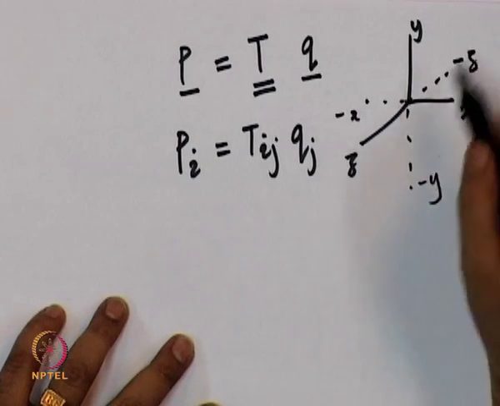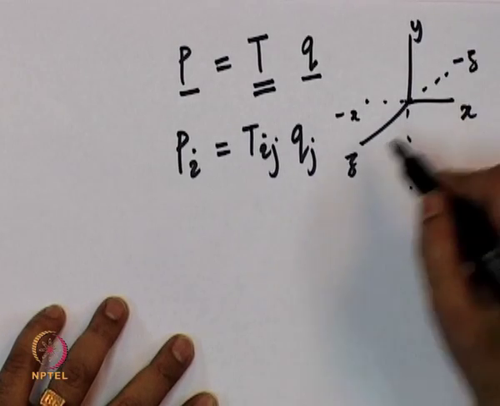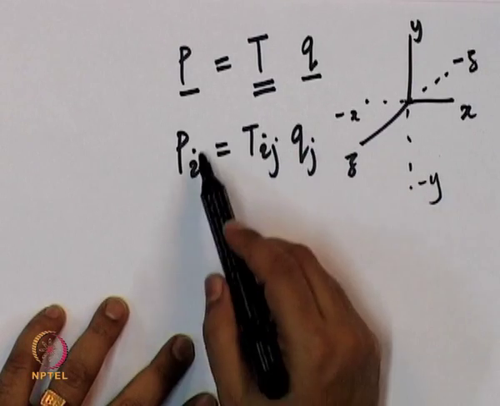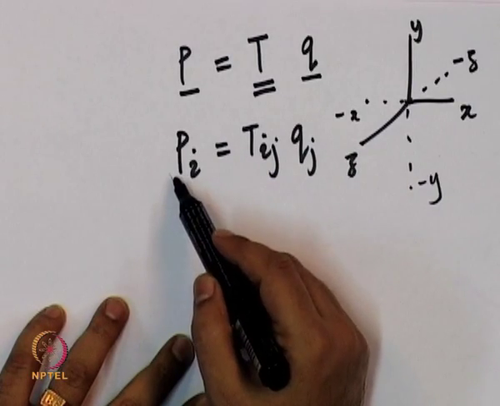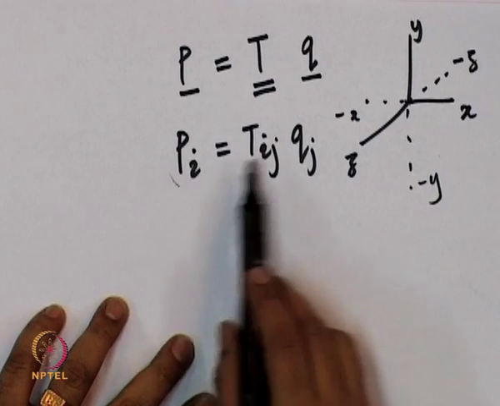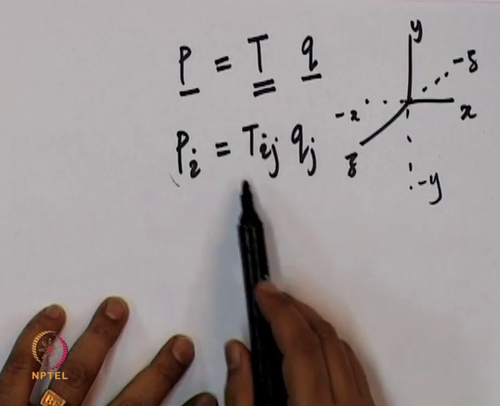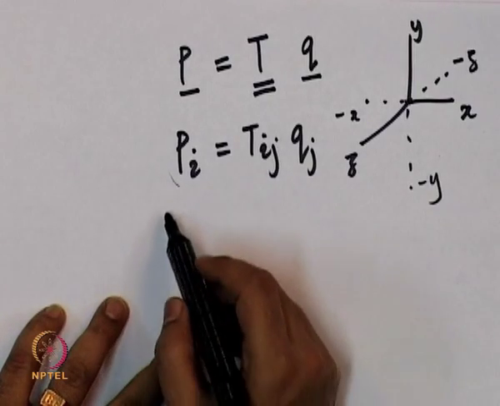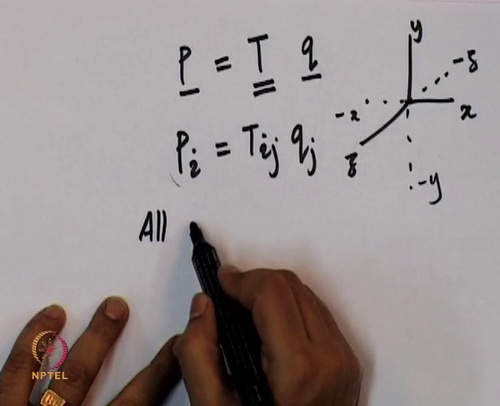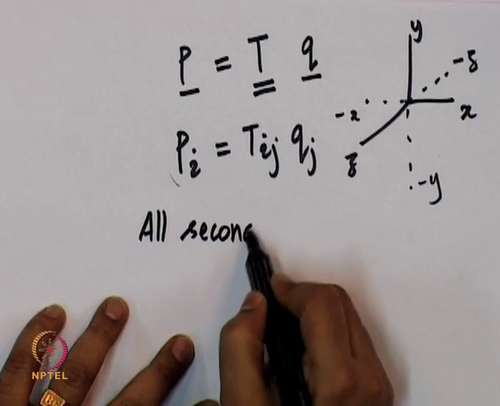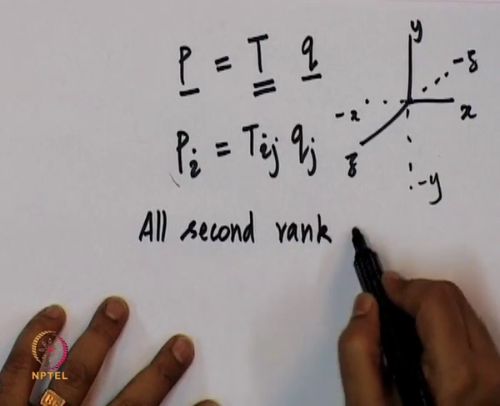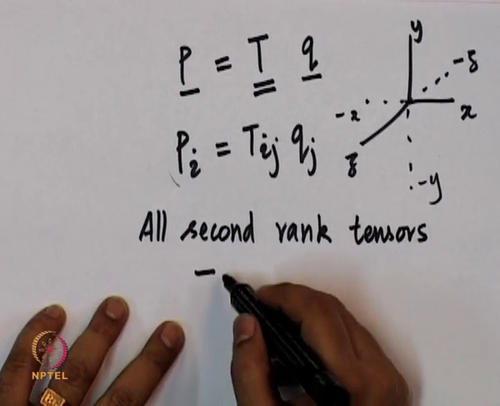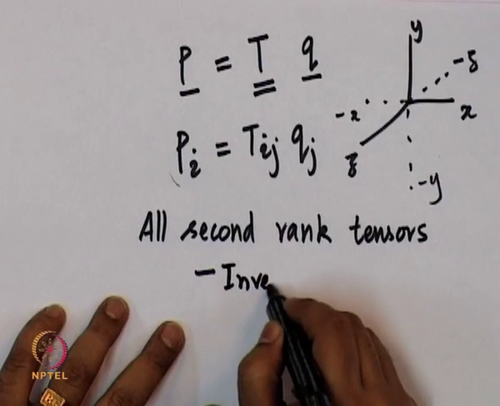If I do that, of course, all the components of Q are going to change sign and all the components of P are going to change sign, but because there is a sign change here and a sign change here, the components of T are not going to change sign. So, this means that all second rank tensors have the inversion symmetry.